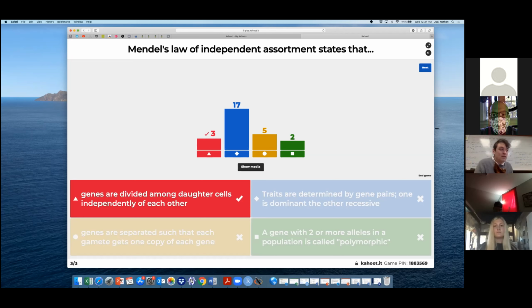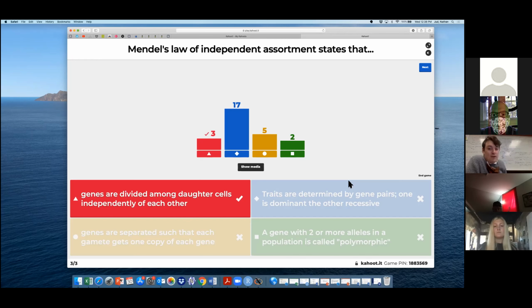And in the case of Mendel, the allele for pea color is divided up into the gametes independently of the allele for whether it's wrinkled or smooth, for example. Now, the blue one, traits are determined by gene pairs, one is dominant, the other is recessive, is one of Mendel's laws, but it's not the law of independent assortment. And then the yellow one, the genes are separated such that each gamete gets one copy of each gene.